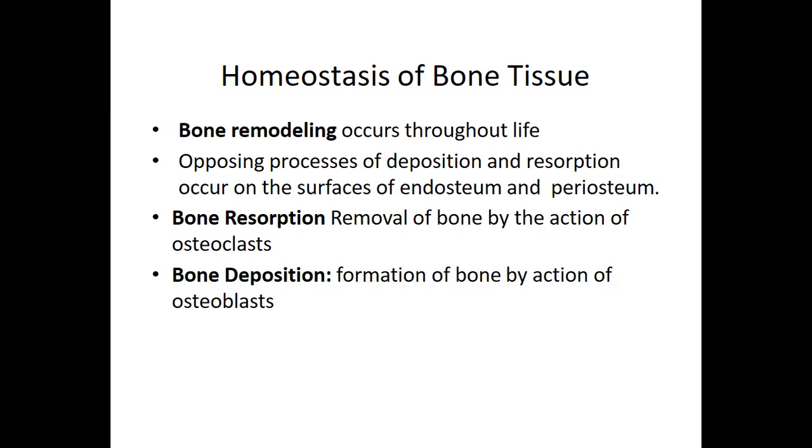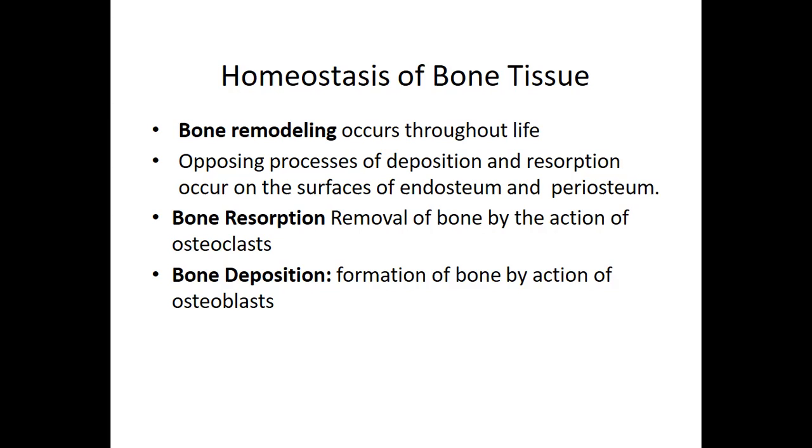You have opposing processes of deposition, or things being laid down in the bony matrix, and resorption, things being pulled out of that bony matrix, that occurs on the surfaces of both the endosteum and the periosteum.